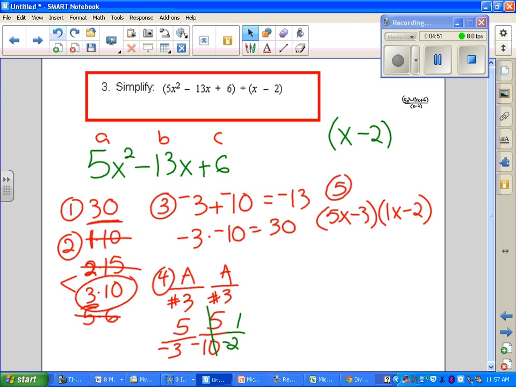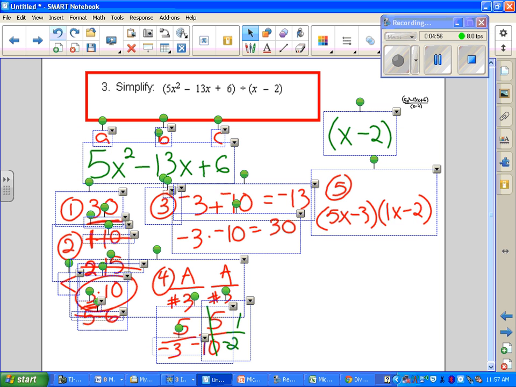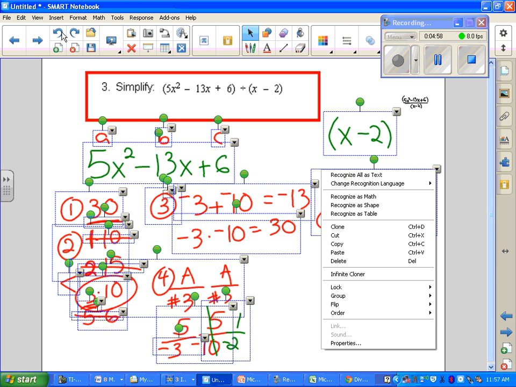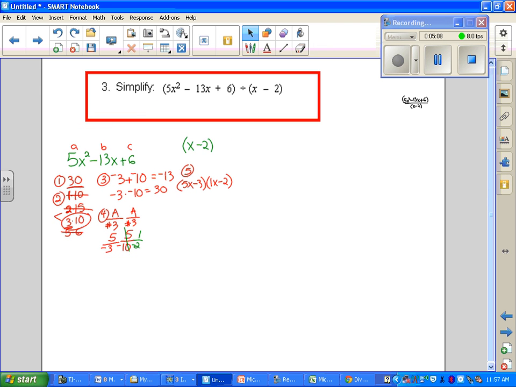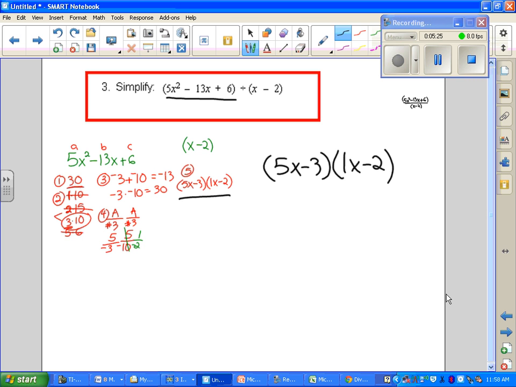All right. The last step is to do my division. We're going to move all this over. There's some room to work. So when I factored 5x squared minus 13x plus 6, I got 5x minus 3 and 1x minus 2 as my factors.